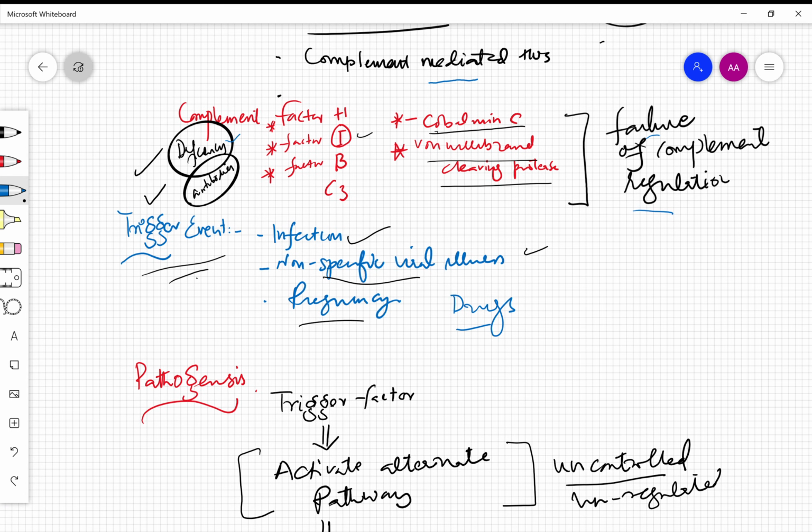In atypical HUS, they potentially have the unregulated activation of complement, but it does not happen as such unless a trigger event is present, like an infection, non-specific viral illness, pregnancy, or some drugs.